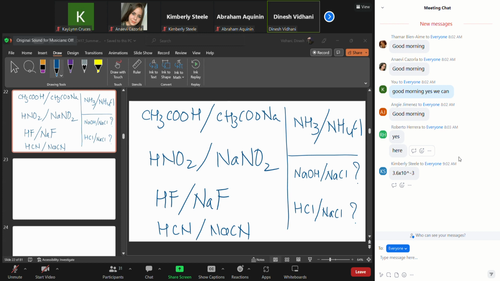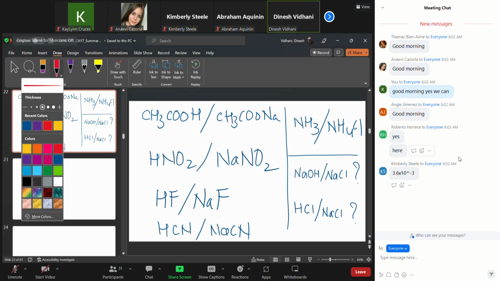So the question is whether the NaOH and NaCl mixture is a buffer solution, and also whether the HCl and NaCl mixture is a buffer solution. See, the primary requirement for it to be a buffer is that we should have a weak acid and its salt.